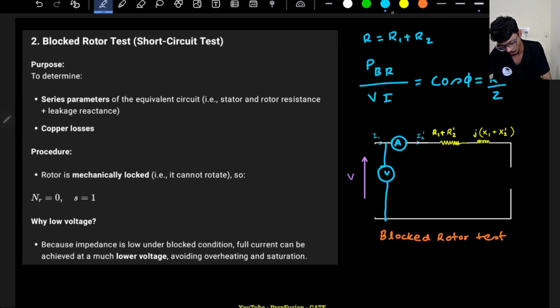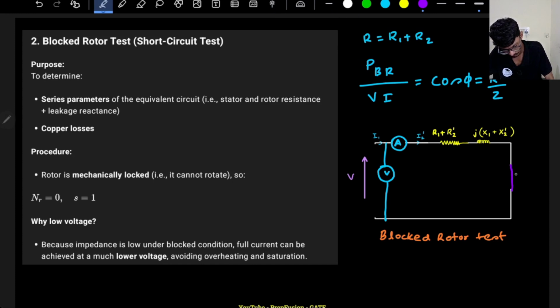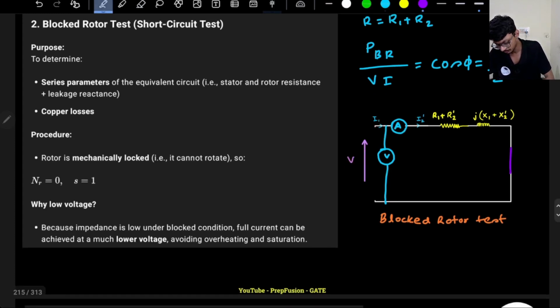So this is what we do. We block the rotor, so basically our rotor will be short circuited. This will be my voltmeter, this will be my ammeter. From here you can understand what the things are. So what will be R?